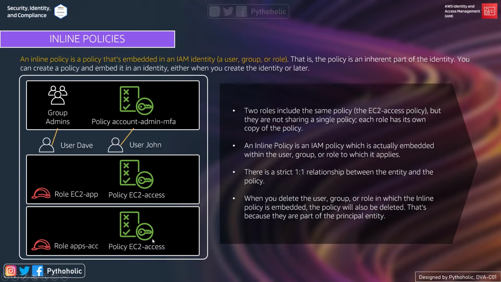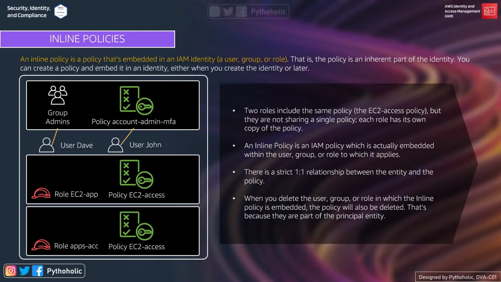And here you might have a doubt if these 2 are the same policies. So let's check the first point on the right hand side. 2 roles include the same policy, the EC2 access policy, but they are not sharing a single policy. Each role has its own copy of the policy. Be clear in your mind that these are their own copies of the policy being attached to an individual role. Even though the names are the same and the content might be the same, they are their own copies of the policy.